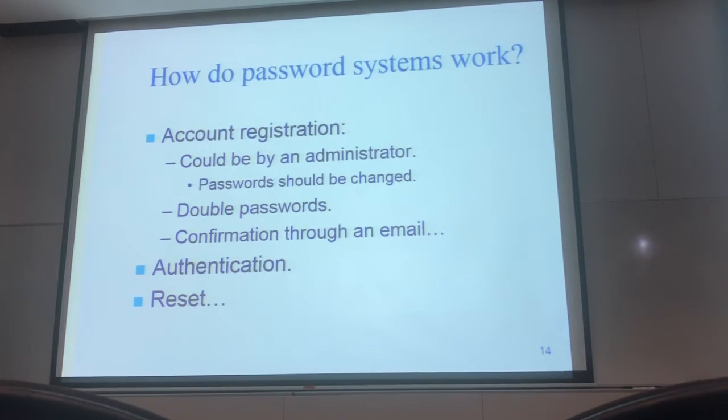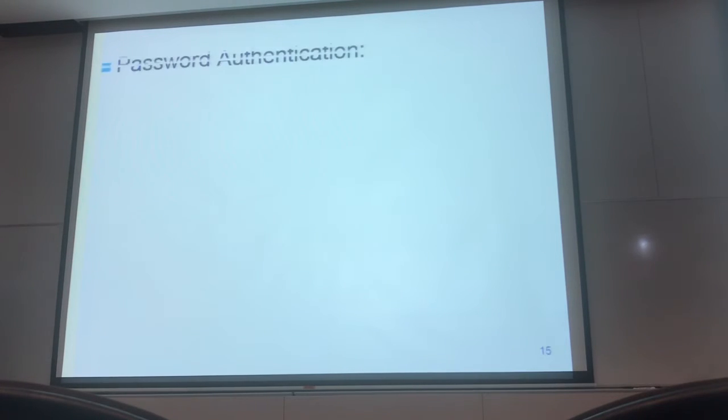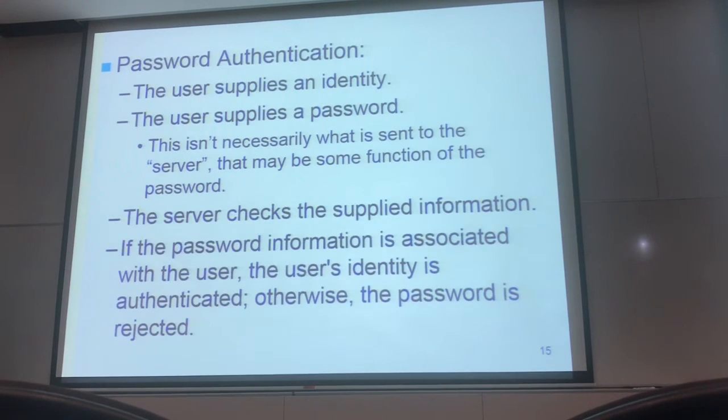Of course, you may also need to provide some other information, for example, an email account or answers to some questions, so that later you can reset your password. After you do the registration, you do the authentication using the password, and when you want to reset your password, you need to either use your email address or account, or you need to answer the security questions and so on. So this is how the password system works.